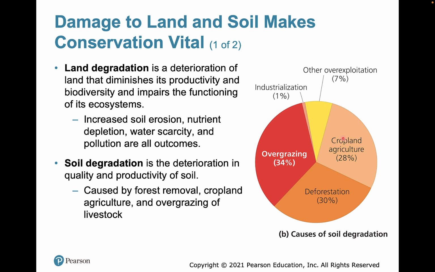Soil degradation is when the soil itself becomes less productive. If you remove forests, productivity is going to go down. If you use too much cropland for agriculture, the soil is going to degrade. And if you overgraze your livestock, the soil is going to degrade.